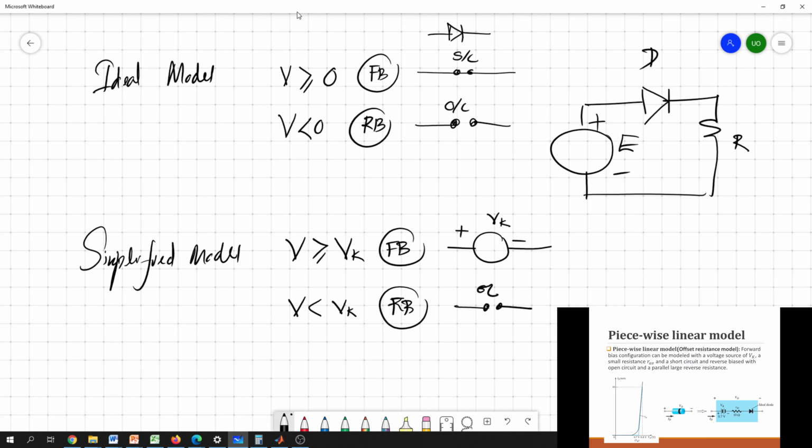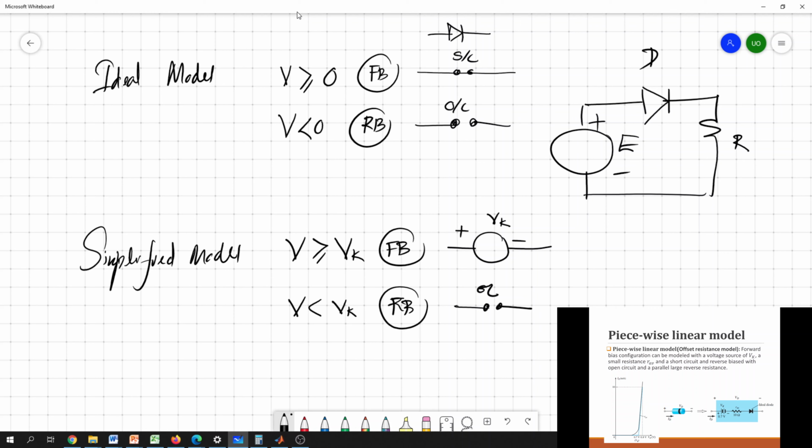So if you have a diode, you replace it with either an open circuit element or a short circuit element. If it is the simplified model, you can replace the diode with a fixed DC source of Vk or an open circuit. Then the entire circuit with multiple diodes can be converted into a circuit where you don't have diodes.